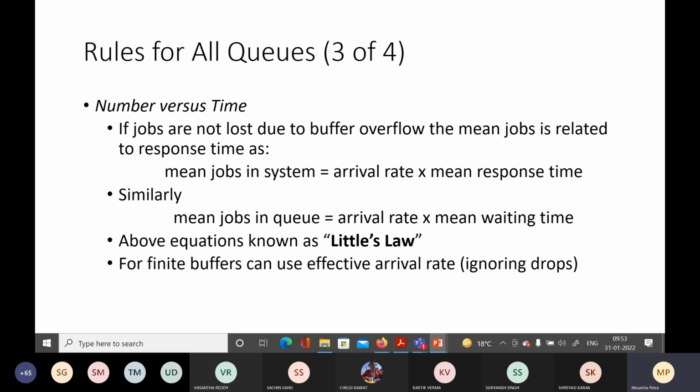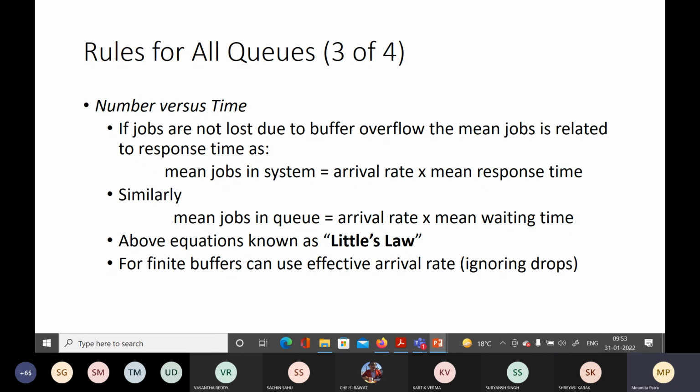In general we consider that the queue size is infinite, as I told you, for analysis. In that case, whatever packets are incoming can wait in the queue, so you simply take the arrival rate for the calculations. Whereas with finite buffer sizes or finite queue sizes, you will take the effective arrival rate.